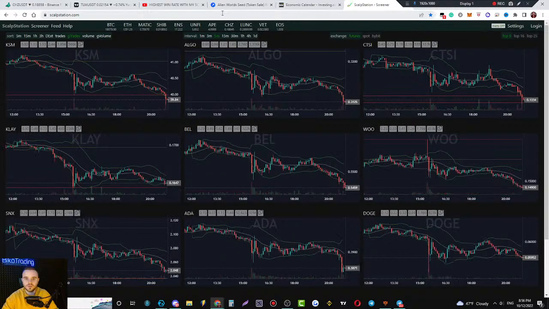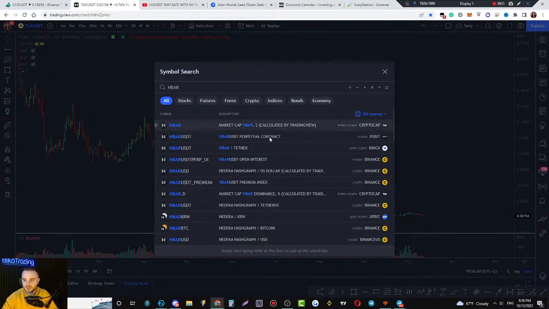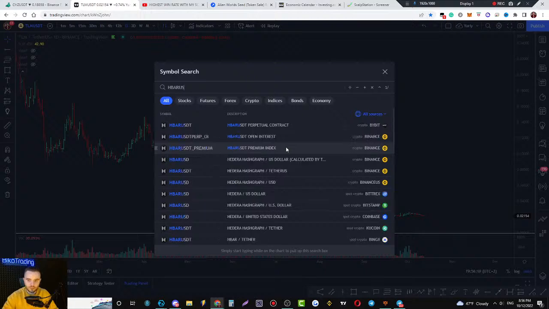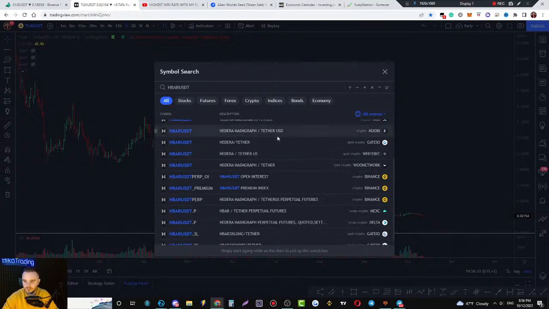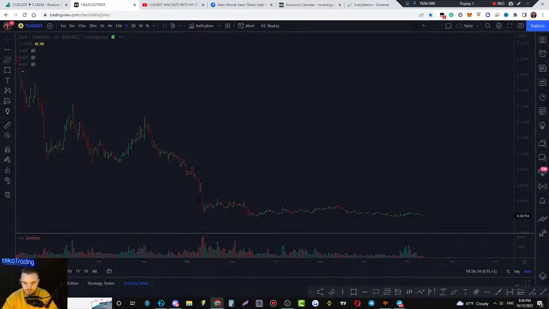Still there is no HBAR here. HBAR USDT, let's check this one. I hope it's the right symbol.